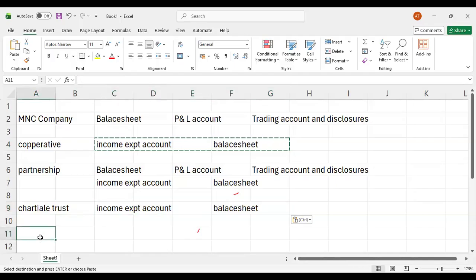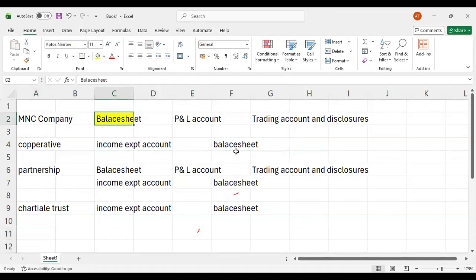If it is a cooperative, MNC, partnership, or charitable trust, the common thing you find everywhere is a balance sheet. So ultimately, whatever system I follow, I need to have the balance sheet.